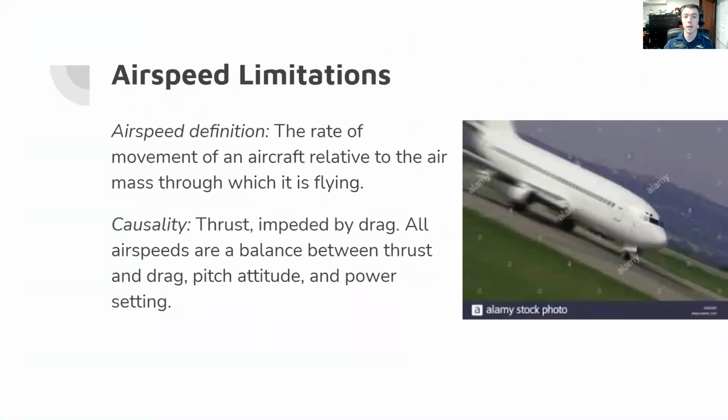To start with, it's important to know what airspeed limitations are. As you can see from the slide, the definition of airspeed is the rate of movement of an aircraft relative to the air mass through which it is flying. That's a whole bunch of words to basically say it's talking about how fast the aircraft is moving through the air, not relative to the ground.